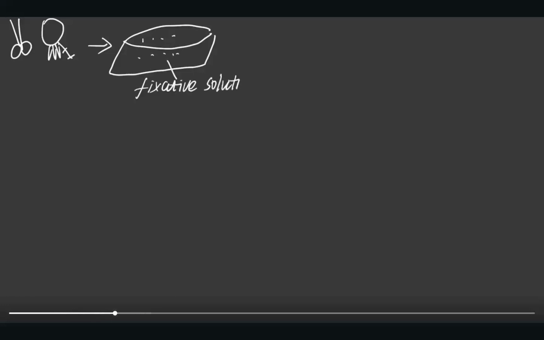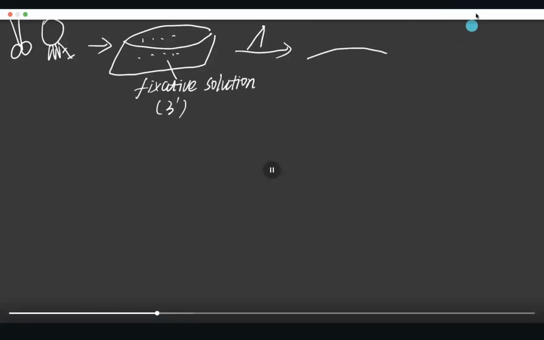Firstly, we use a pair of scissors to cut several 1 centimeter sections of actively growing garlic root tips and place them into a glass container filled with fixative solution to ensure the root tips are fully submerged, and we allow the root tips to remain undisturbed in the fixative solution for 3 minutes. Second step, we use the forceps to transfer 4 or 5 root tips to the watch glass.